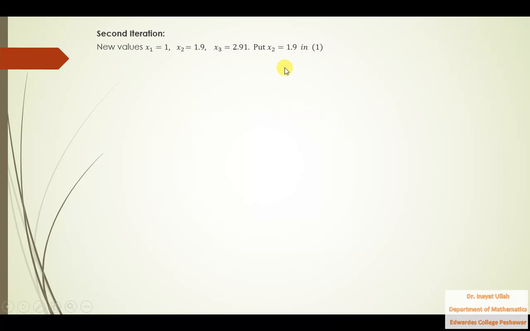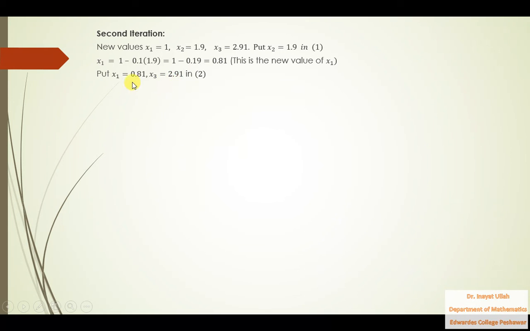In equation number 1, on the right hand side, just x2 is needed. So use the updated value of x2, which is 1.9, in equation number 1 to get the value of x1 as 0.81. This is the new value of x1, the most updated value of x1. So whenever x1 arises, we will use the updated value of x1 as 0.81.